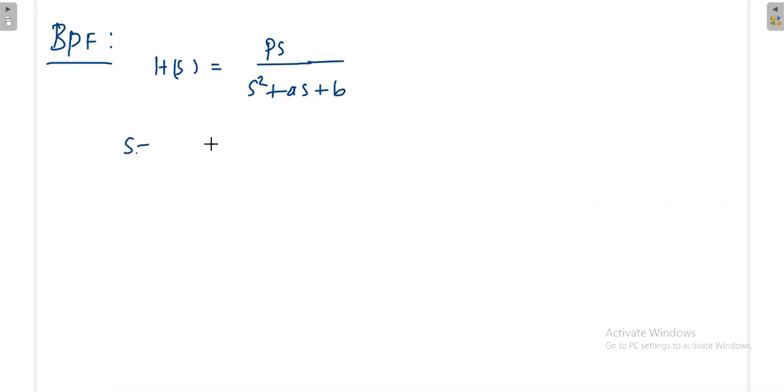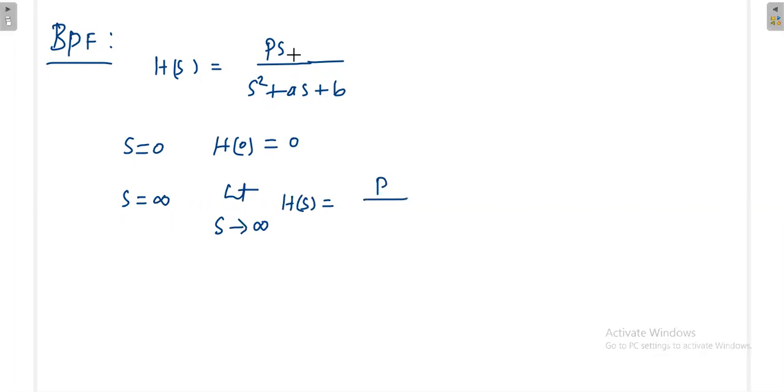Okay, if s is equal to 0, h of 0 is equal to 0. Then again, when you substitute s equal to infinity, limit s tends to infinity, h of s, again divide both the numerator and denominator with respect to s.